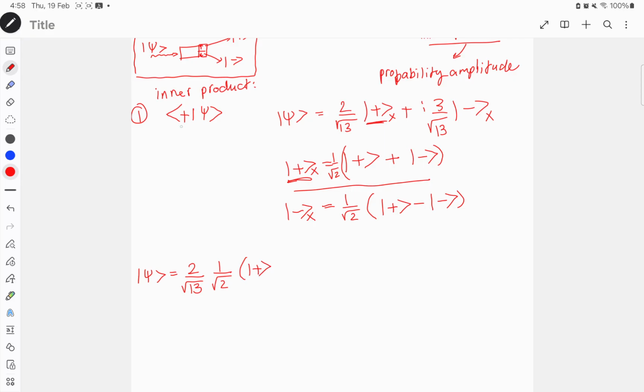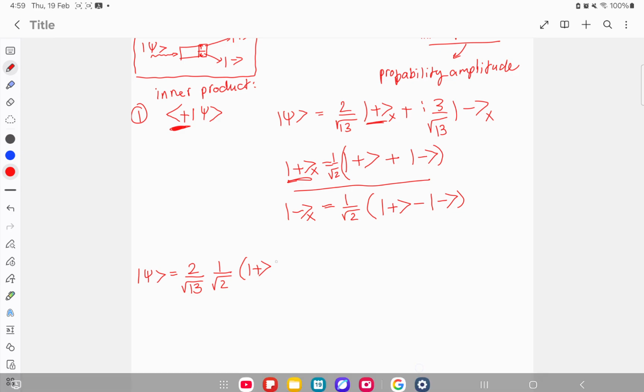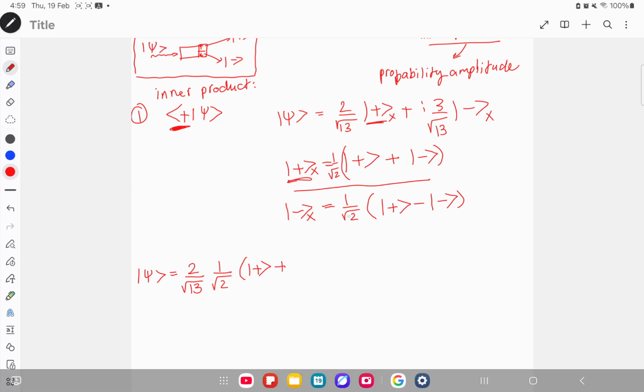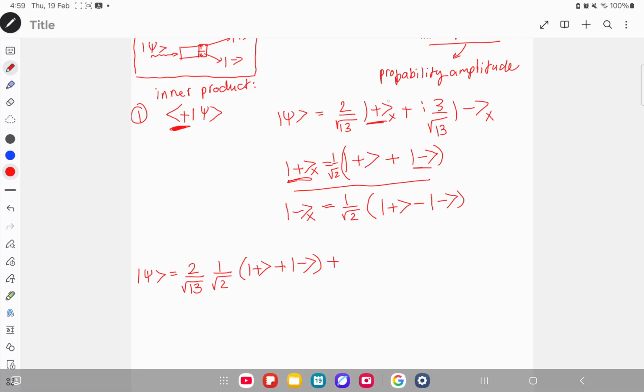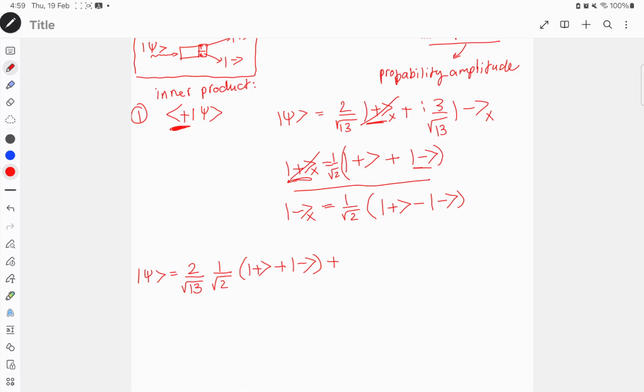Still we are not multiplying, only substituting. Sorry for my handwriting. Finished, we substituted this one by this one.